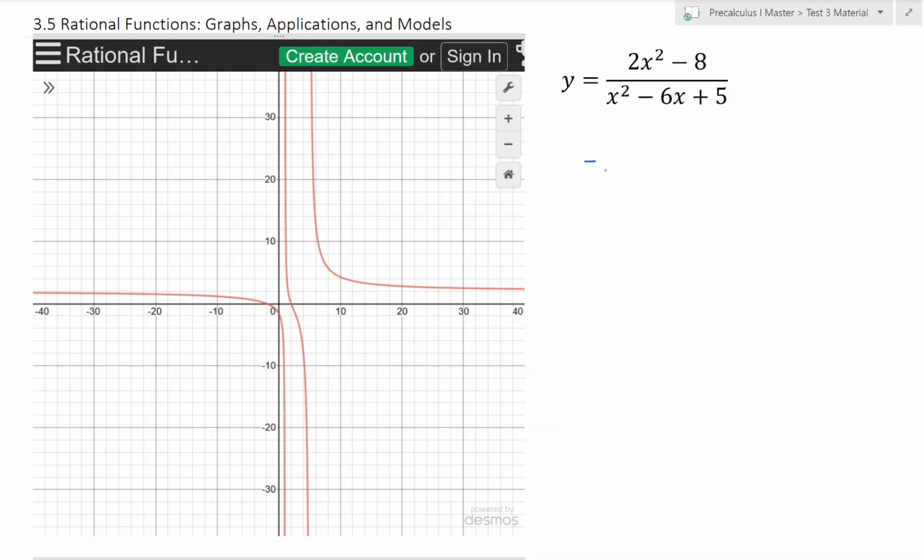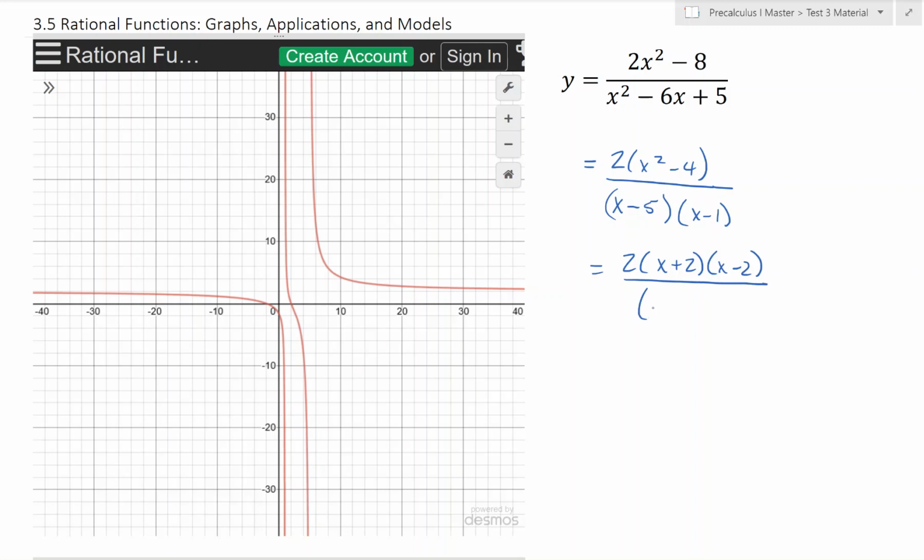If we go ahead and factor this, you might see some of the features that are showing up. So this is an x plus 2, x minus 2 on top for that factoring.